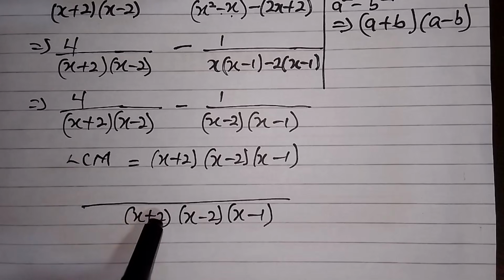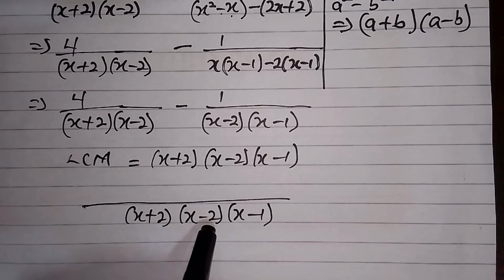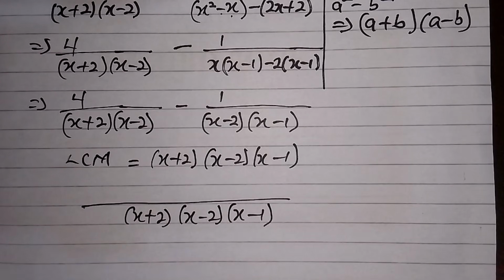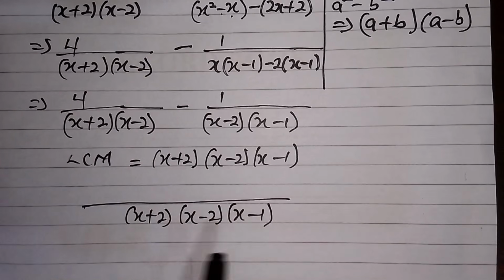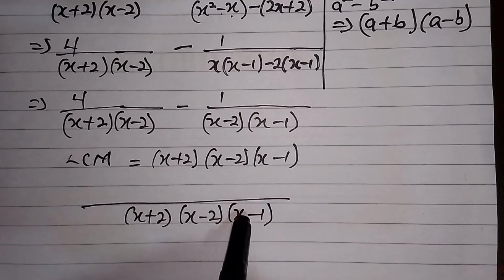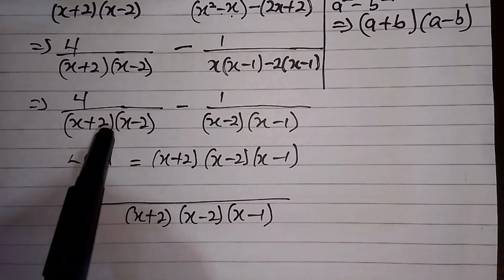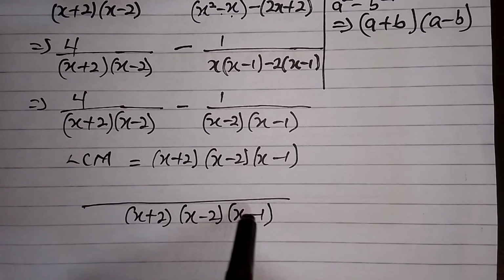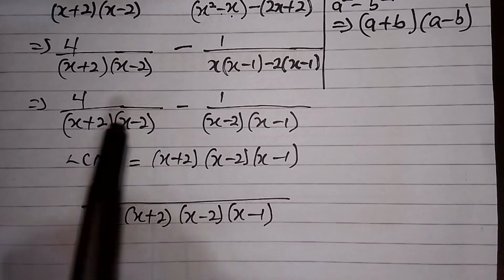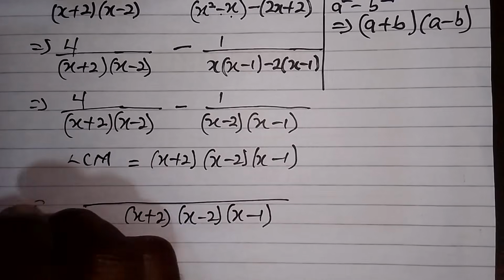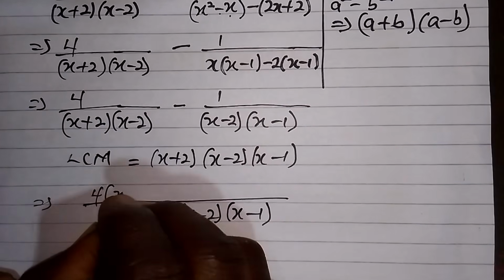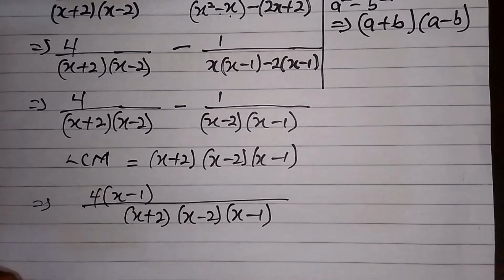If we divide the LCM by this denominator, we are only going to have x minus 1, because x plus 2, x minus 2 will cancel this, leaving this one. So what is left will multiply the 4, becoming 4 into bracket x minus 1.